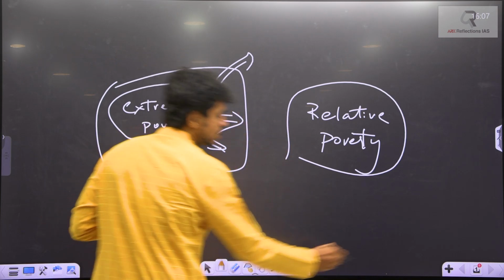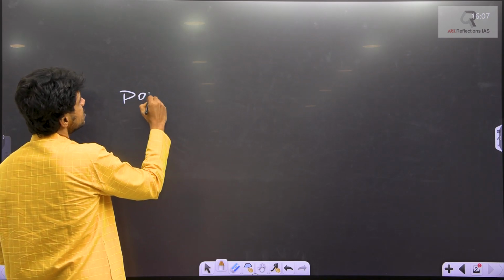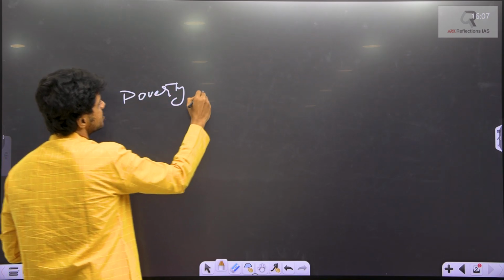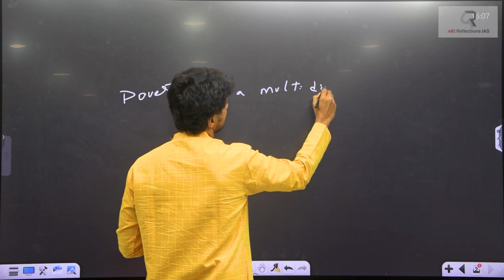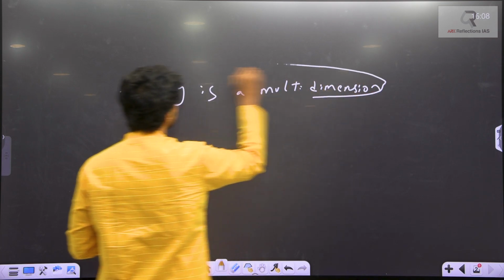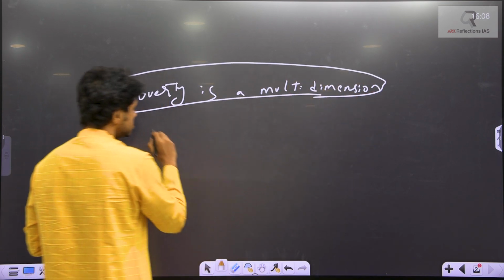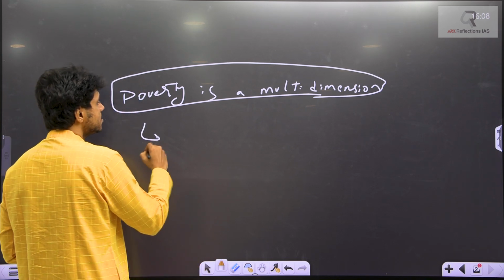So write that down. This will be very helpful for you in the mains. Poverty is multi-dimensional. In the UPSC mains, they have already asked a question on this. It is not just economic. Comment. So why is this multi-dimensional?